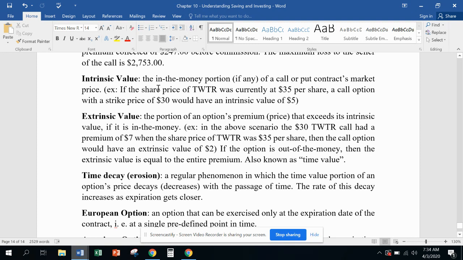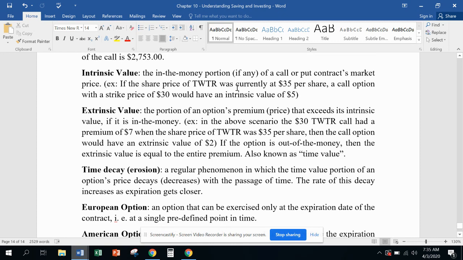But intrinsic value is the in the money portion of a call option or a put contract. And sometimes no part of the premium is in the money. But if the share price of Twitter was currently $35 per share, a call option with a strike price of $30 would have an intrinsic value, or in the money value, of $5.